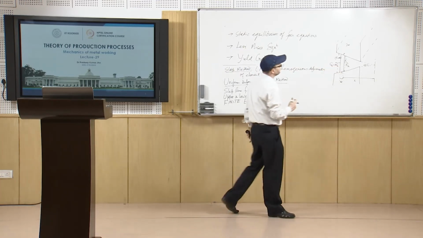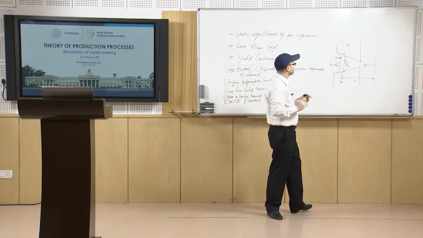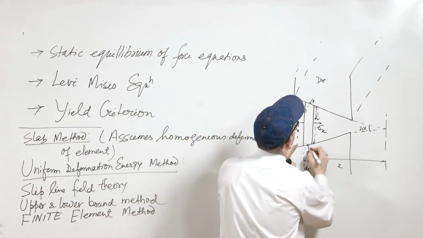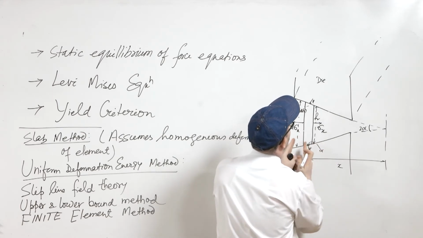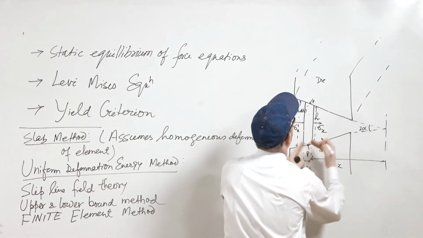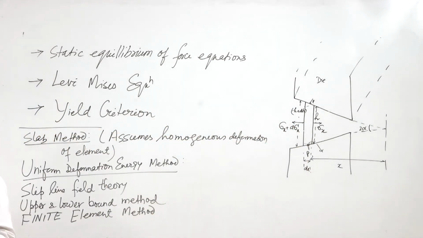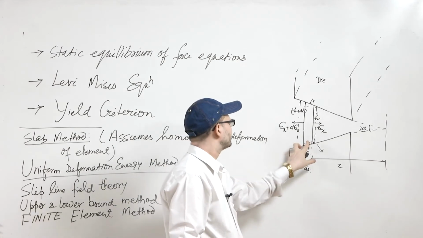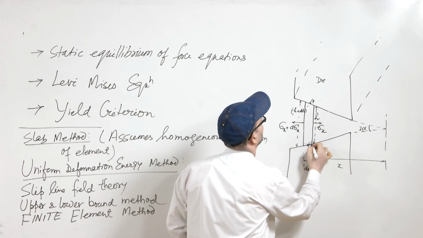Similarly, if you look at the force balance in the y direction, you will have P, and this is alpha. This angle is also alpha. So basically this will be P cos alpha, and in this direction you will have P sin alpha. P sin alpha will be acting on dx by cos alpha, since this is dx, this line will be dx by cos alpha.